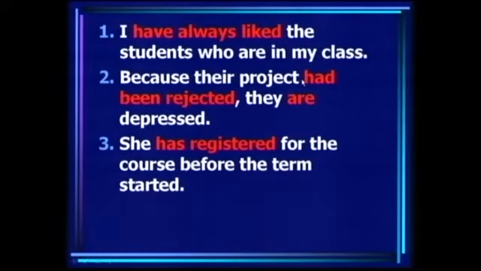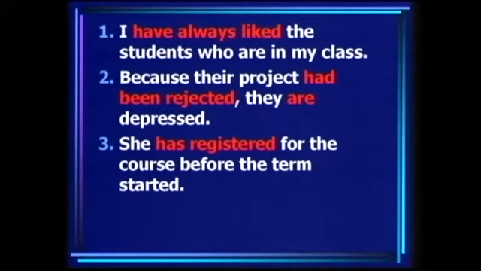Think of the situation in which the sentence was said. Because their project had been rejected هو اترفض خلاص they are depressed هم دلوقتي مكتئبين. ممكن تبقى they were depressed وممكن تبقى they are depressed. الاثنين صح.